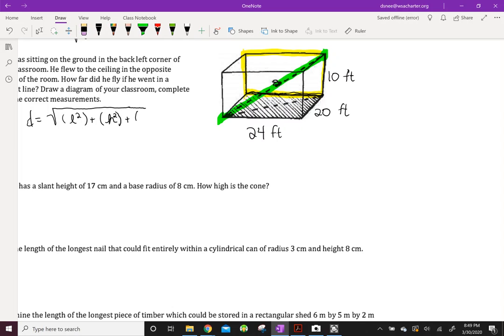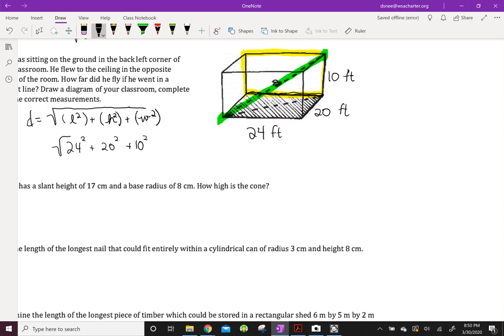I'll do them all in cursive letters. Okay, so length is 24, so 24 squared plus 20 squared plus 10 squared.